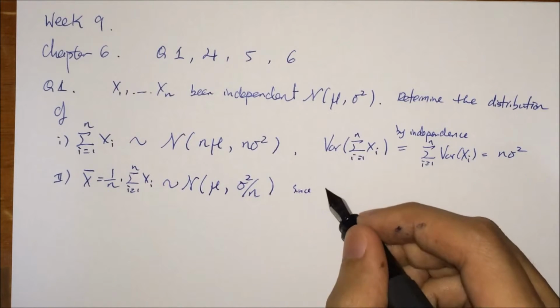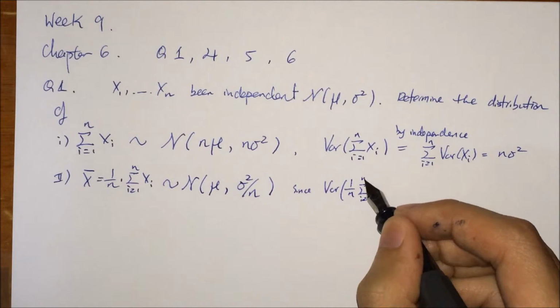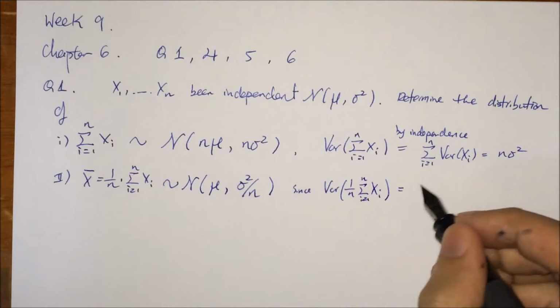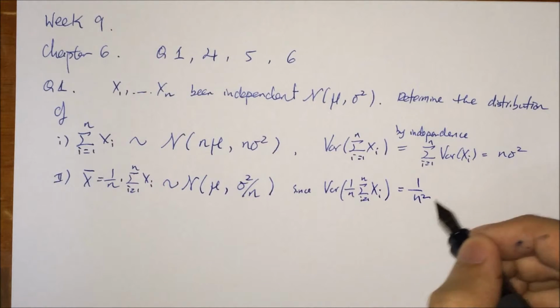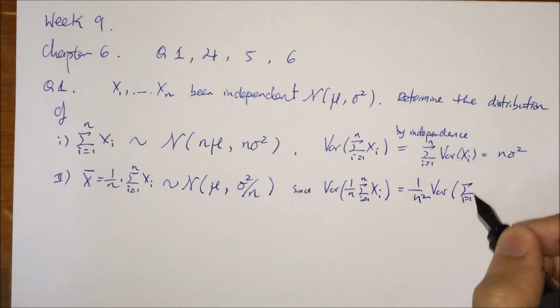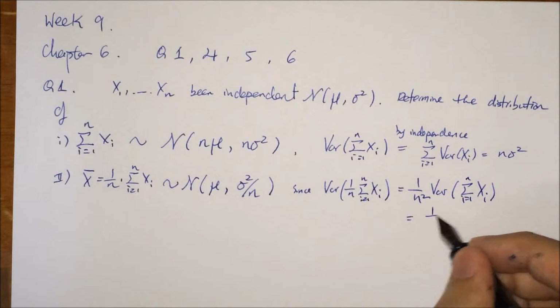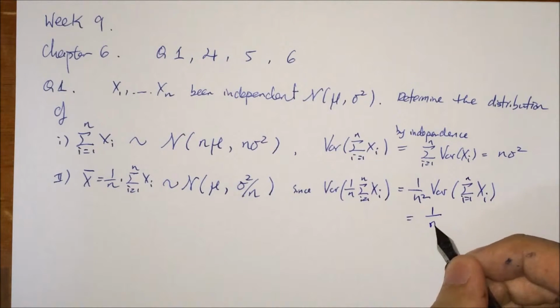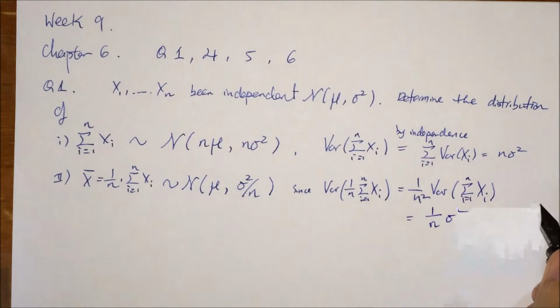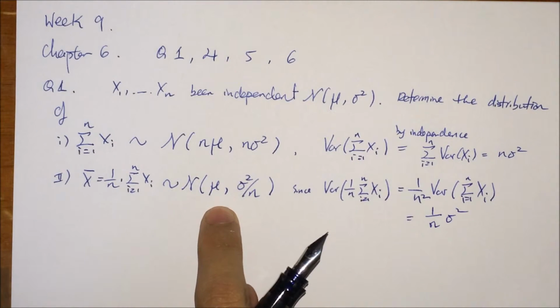Since when you compute the variance of 1 on n times the sum of xi, i equal to 1 up to n, this is equal to 1 on n squared when you take out the constant from the variance operator. The variance of the sum we have computed before, which is n sigma squared, so you just have sigma squared on n. How I know this is normal, I've used the fact that a linear transform of normals is again normal, which I've studied in the lectures.